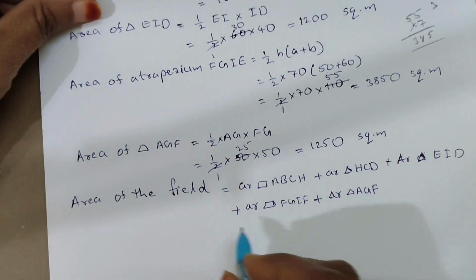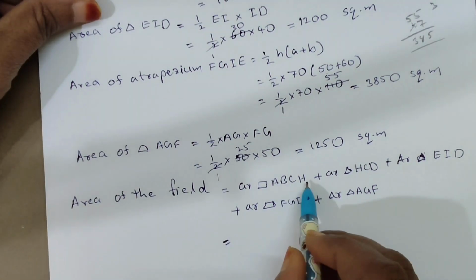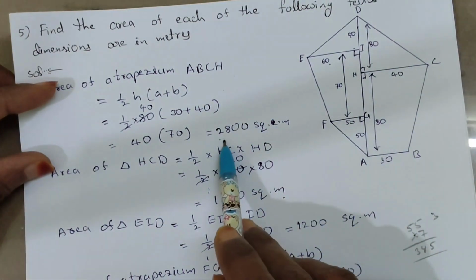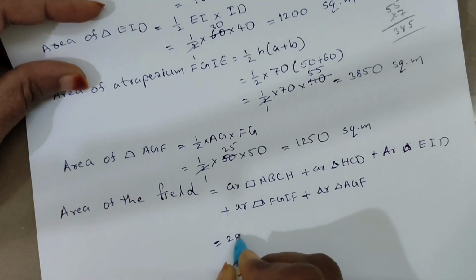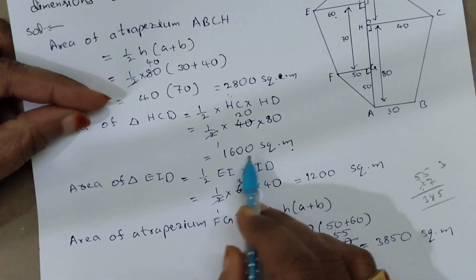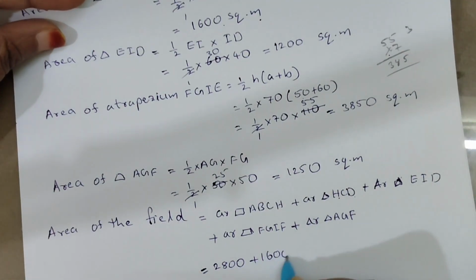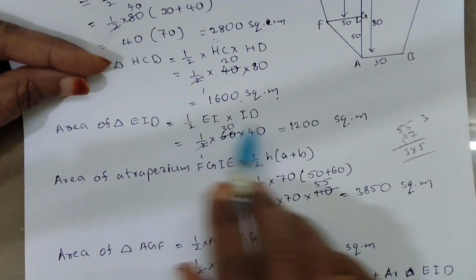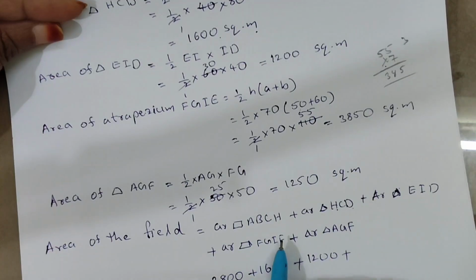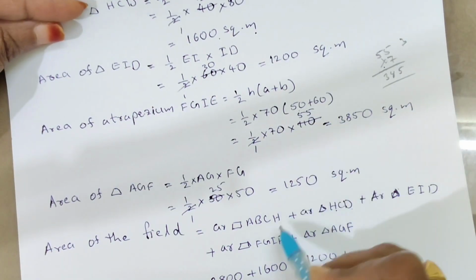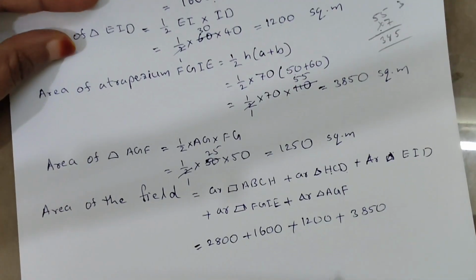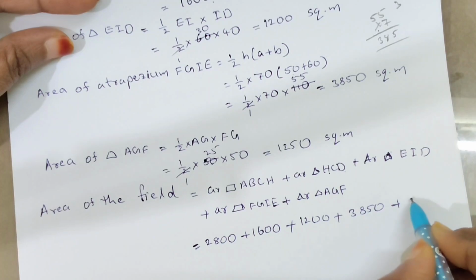Now add all these areas. ABCH area is 2800. Next, area of HCD is 1600, plus area of EID 1200, plus area of FGIE 3850. Next, area of AGF is 1250.